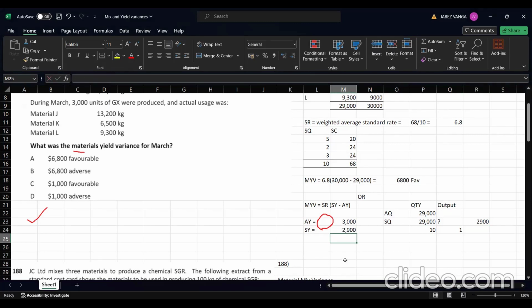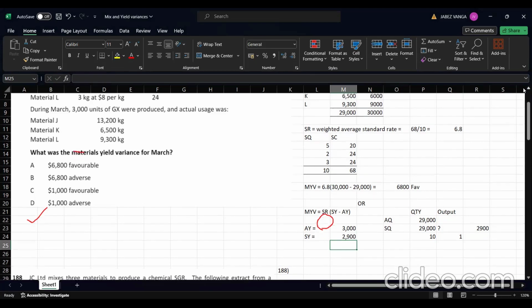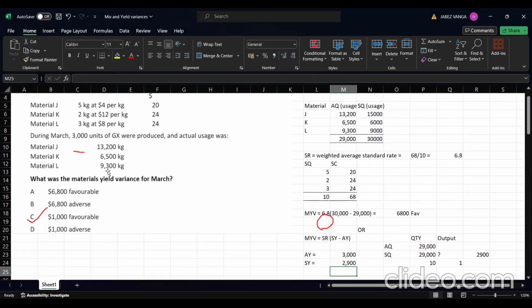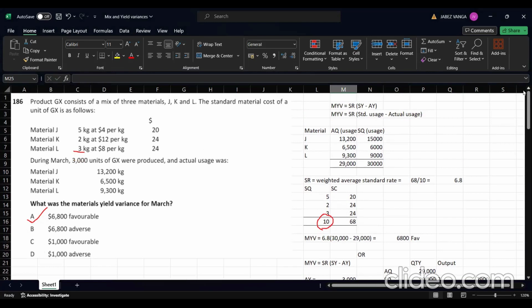I will explain this part once again. The actual quantity is 29,000, which is used to make 3,000 units of actual output. We do not have the standard yield, but we understand that to make 1 unit of output GX, 10 kgs of material is required.